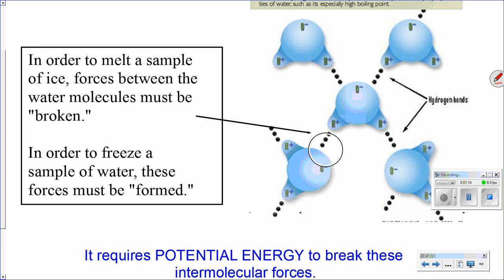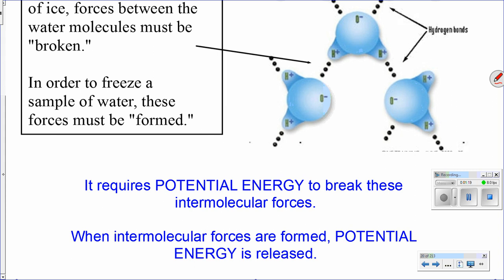If we have a sample of water, we actually have to get those liquid molecules to line up properly so that those associations are able to form. So that involves us removing a certain amount of potential energy from the sample. So there is a potential energy change here, which we see on those energy diagrams that we've already looked at. And that's what we define in this case as the heat of fusion.